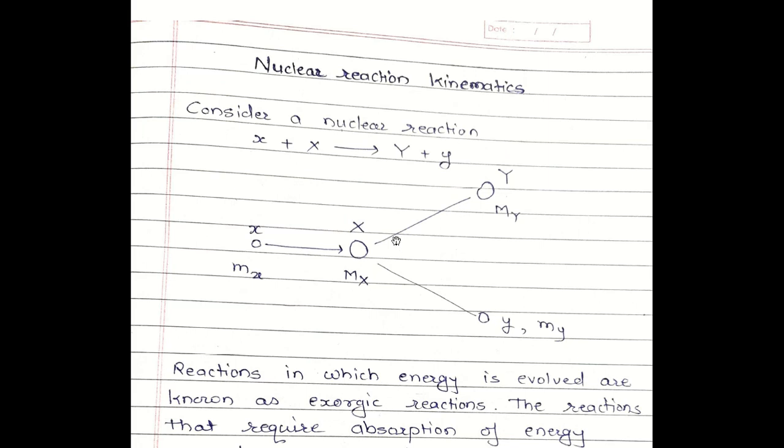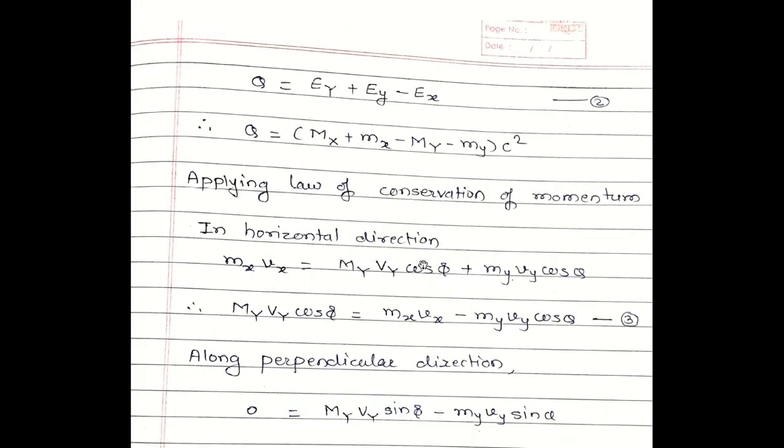Here phi is the angle by which the product nucleus has been deviated from the x-axis, and theta is the angle by which the recoil or product particle has been deviated from the x-axis.